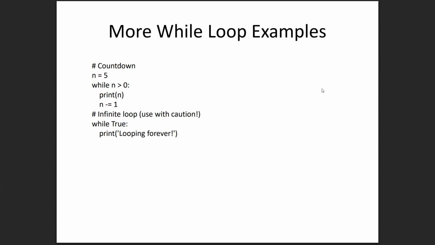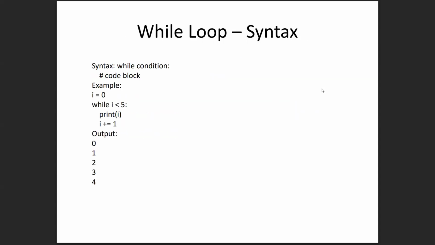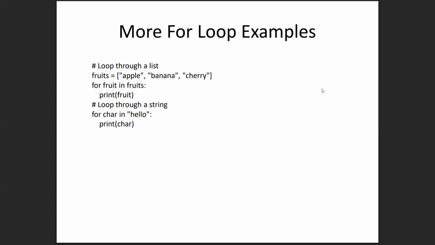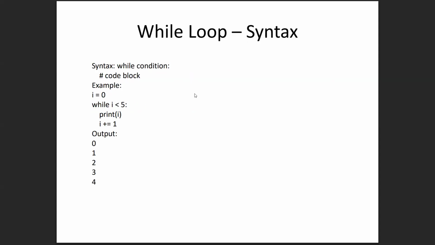So now let us go to the syntax. First comes while, followed by the condition. After giving the while, we need to mention the condition. After that, we write the code in the code block below. Let us see a generalized example. Now i equal to 0.